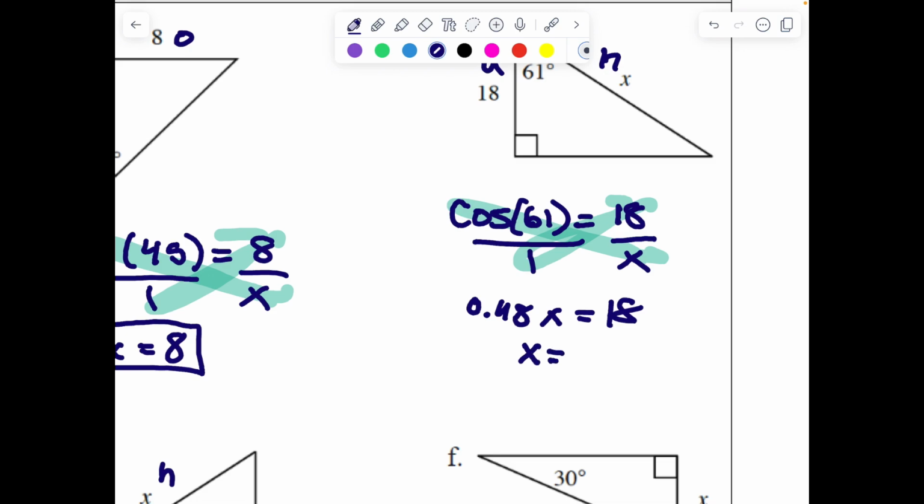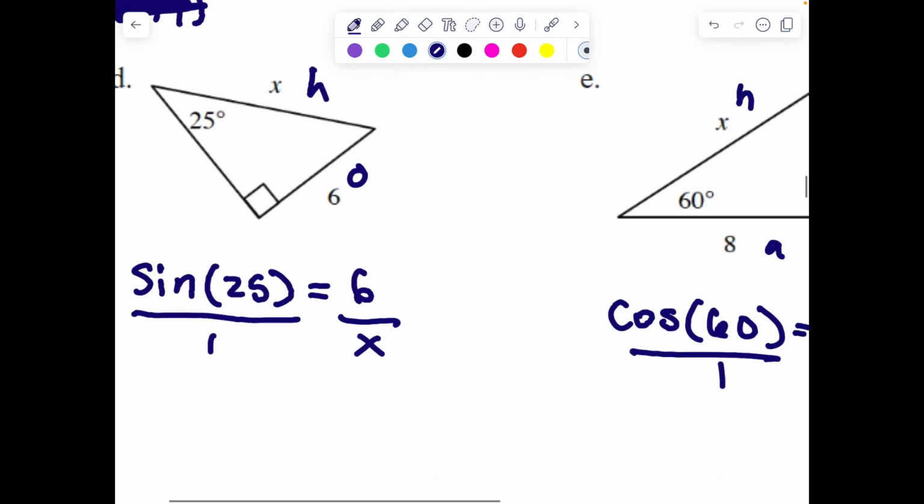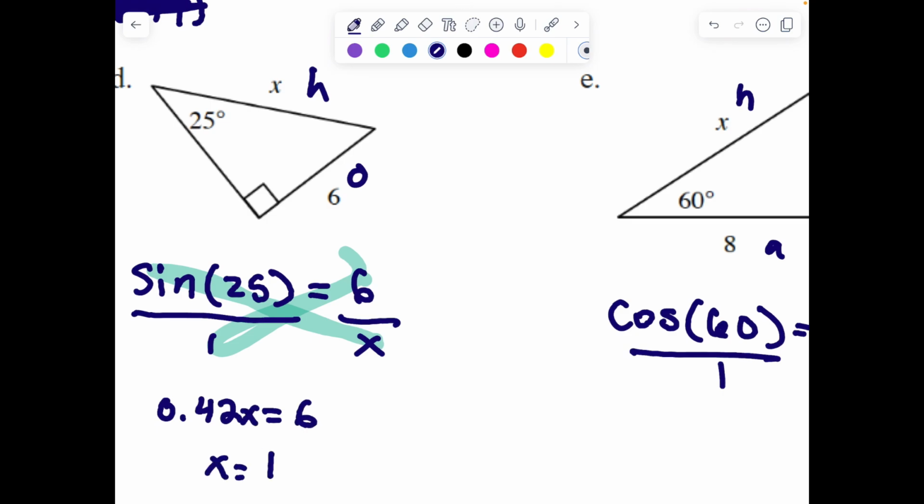So x is 37.13. Here we're cross multiplying. The sine of 25 is 0.42. And that's equal to 6. So I'm going to divide 6 by 0.42. So x is 14.2.